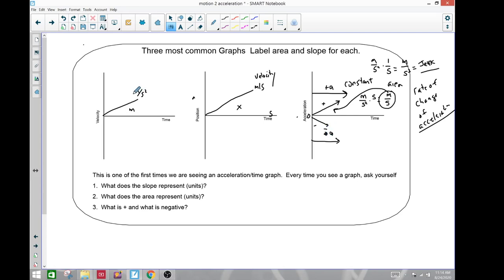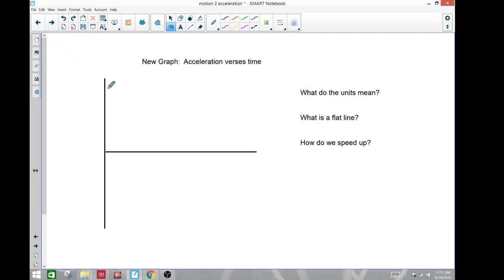So a couple of things about our three main graphs. You really have to be familiar with these two. About 98% of the problems are on these two graphs. This one pops up rarely. Again, what do the units mean? Let's summarize this.